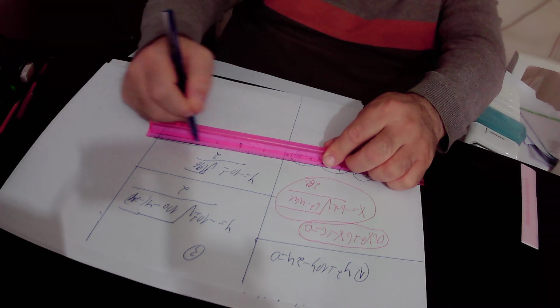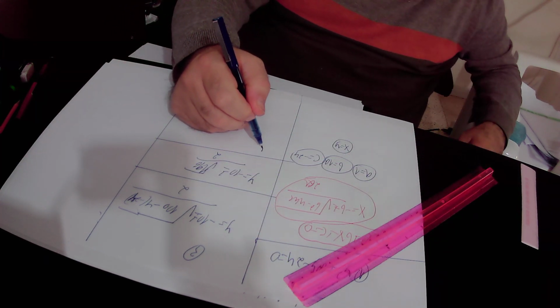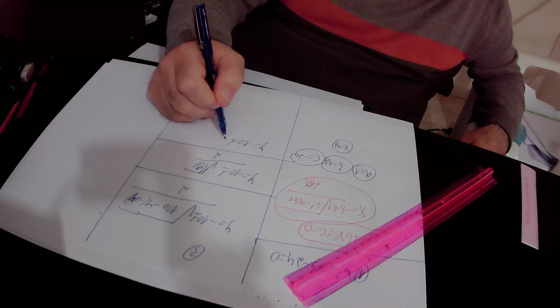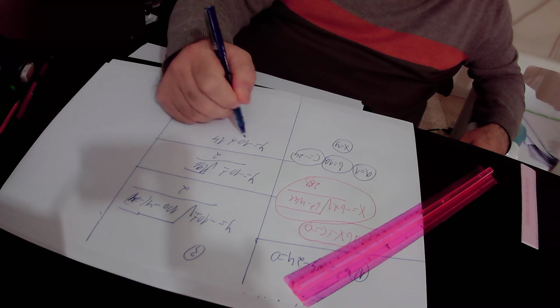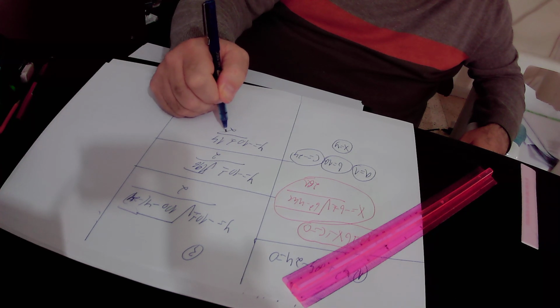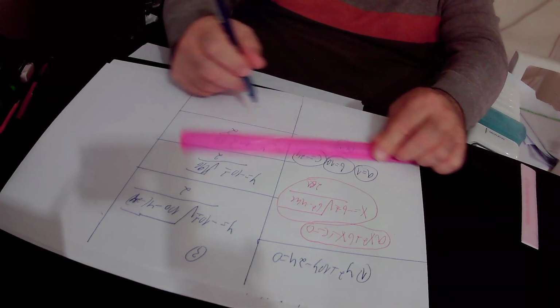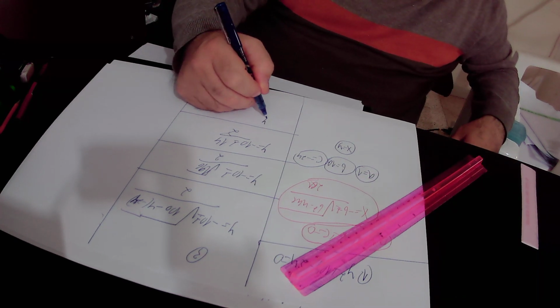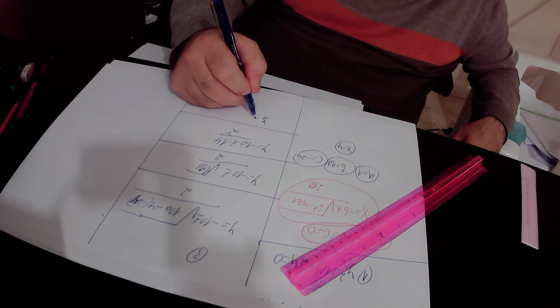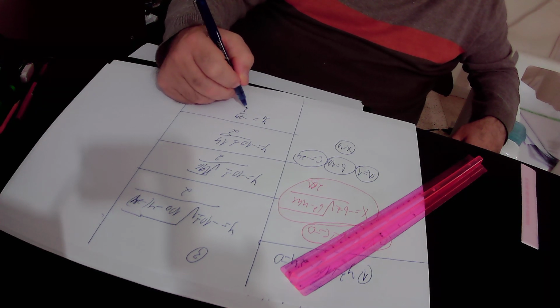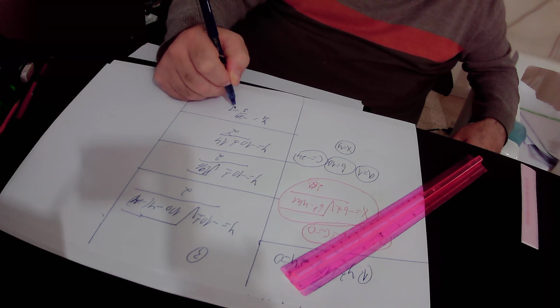The square root of 196 is 14, so y equals minus 10 plus minus 14 over 2. So here we will have two possible solutions for y. The first solution, y1 equals minus 10 minus 14 is minus 24. Minus 24 over 2 is minus 12.